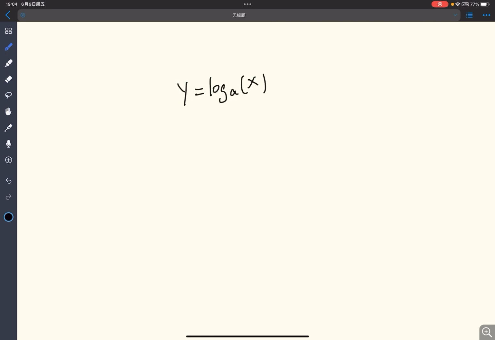Now let's see what happens to the domain of definition and range when the function flips vertically. Let's take y equals log x as an example.